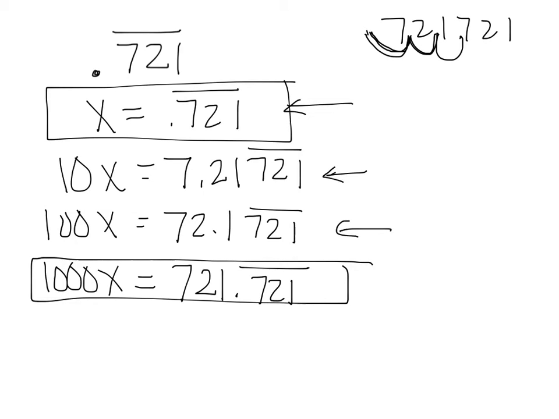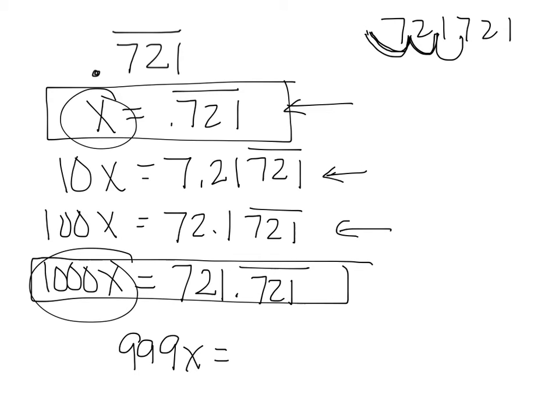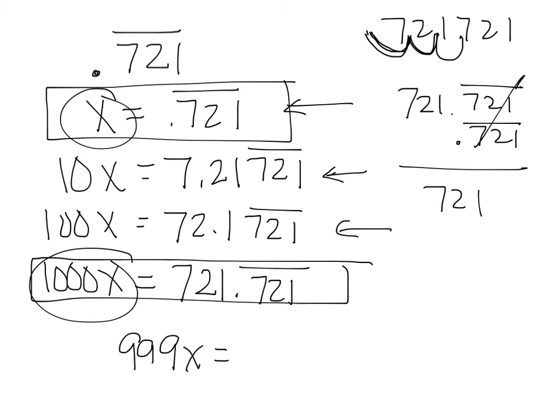And so those are the two equations that I'm going to subtract. What's 1,000x minus 1x? Well, it's 999x. What is 721.721 repeating minus 0.721 repeating? Well, those cancel out, and you just get 721.